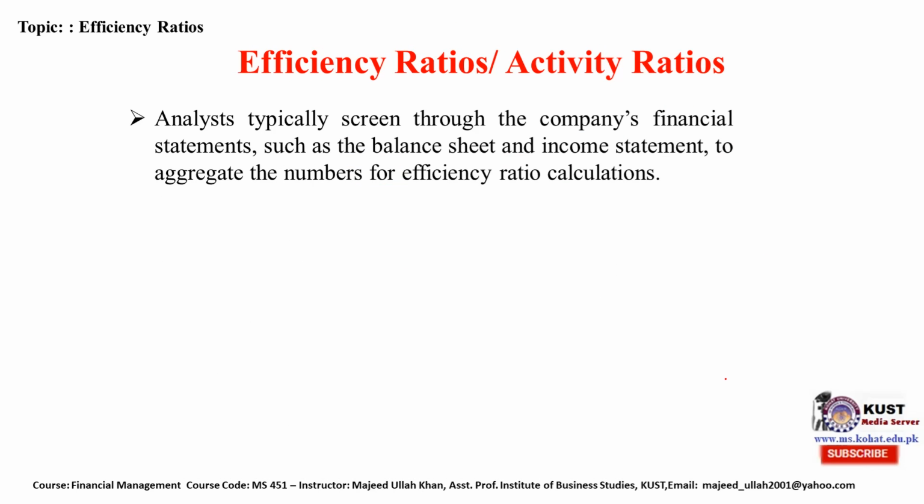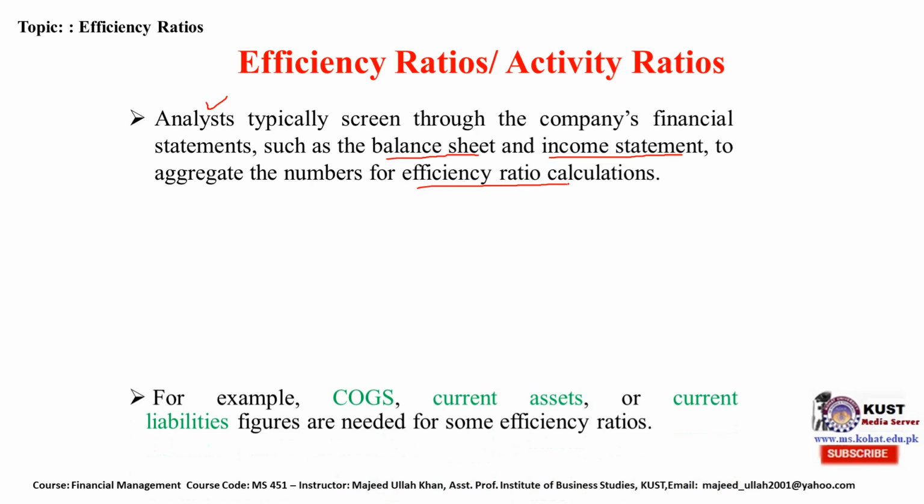Analysts typically screen through the company's financial statements. What are they screening? Balance sheets and income statements. These two are used by analysts to aggregate the numbers for efficiency ratio calculations.